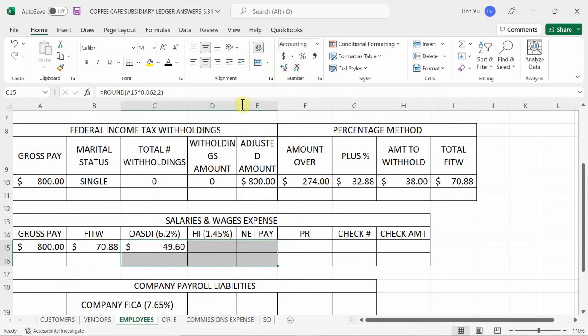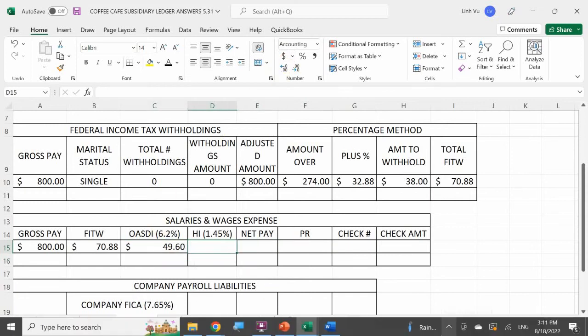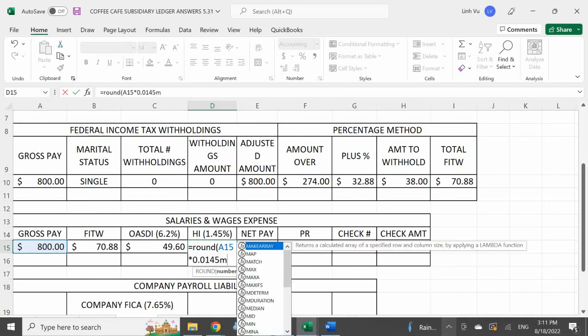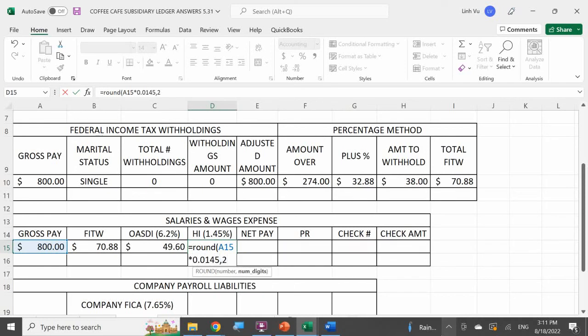And the other one, Medicare, is 1.45% of gross pay. That's $11.60.